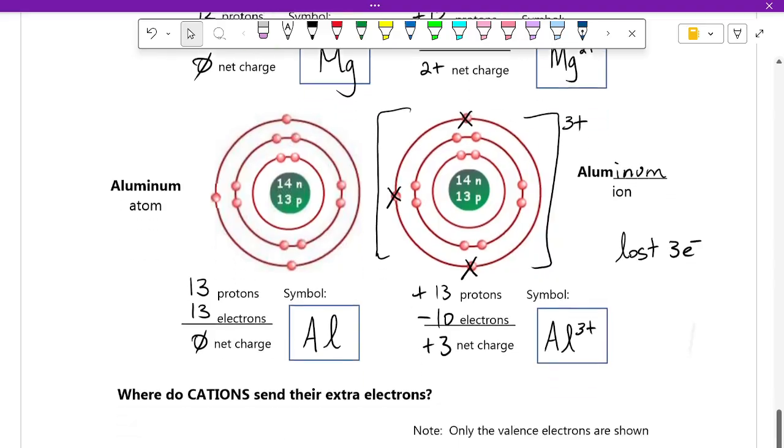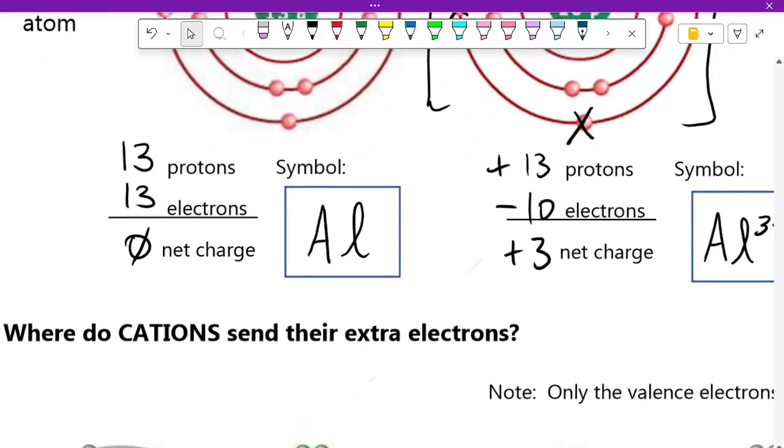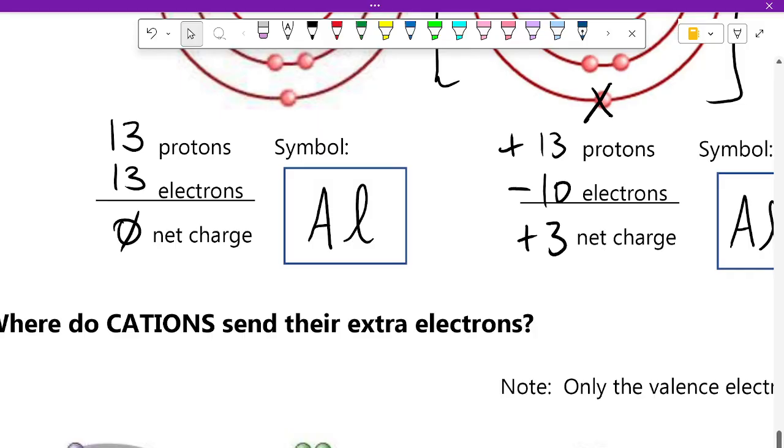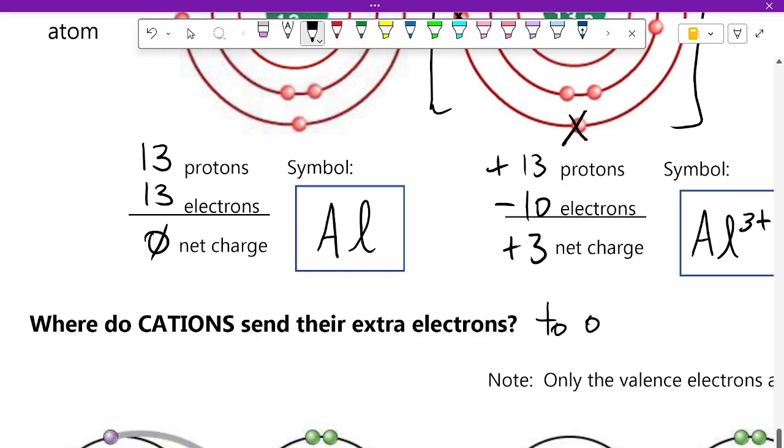Where do cations send all their extra electrons? Where do they send them? To other atoms, non-metals, yeah.